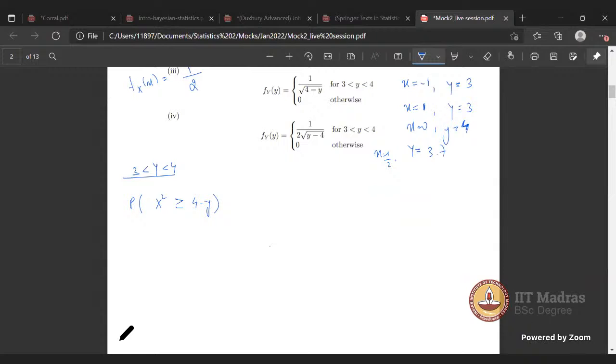So we have two different cases here. One is x is greater than or equal to the square root of 4 minus y, and if x is negative, this is going to be the probability that x is less than or equal to minus the square root of 4 minus y.